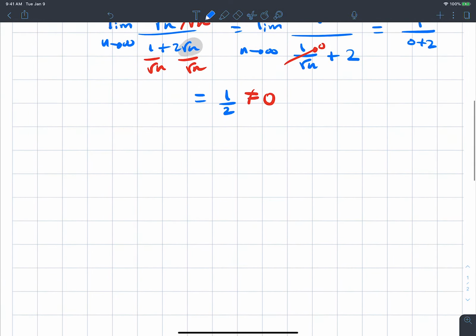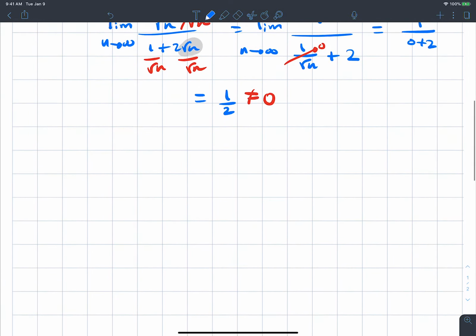Because what this then means for us is that the limit of An, if we include the alternating mechanism and the square root of n over 1 plus 2 square root of n, we know that this limit, as n goes to infinity, is plus or minus 1/2. This information is important for us. Plus or minus 1/2. This limit does not exist.